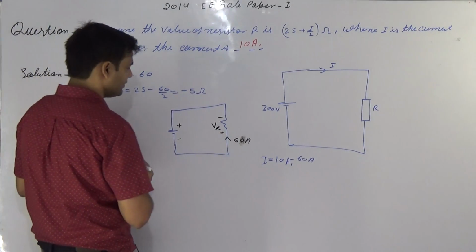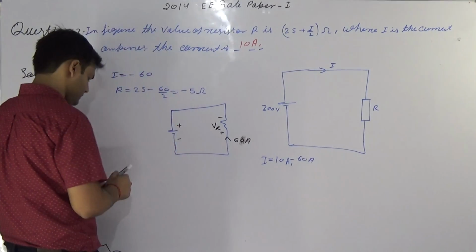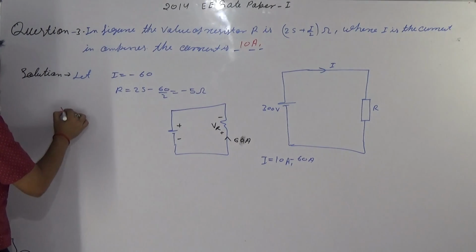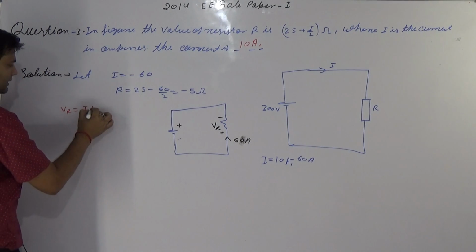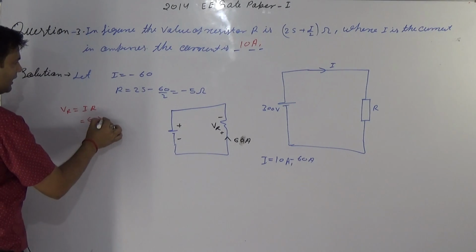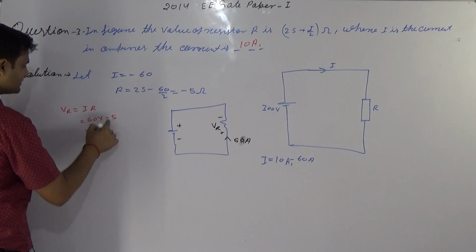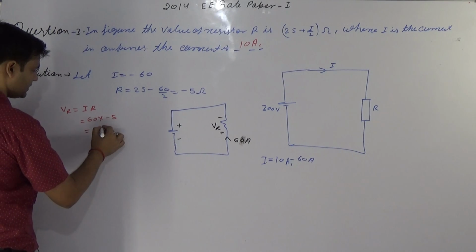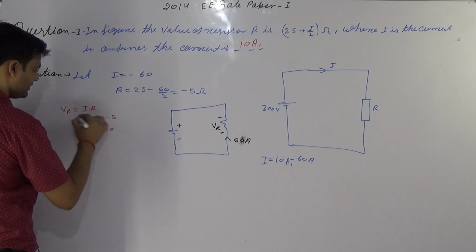This is VR. What is VR? IR, which is 60 times minus 5, so this is minus 300 volts.